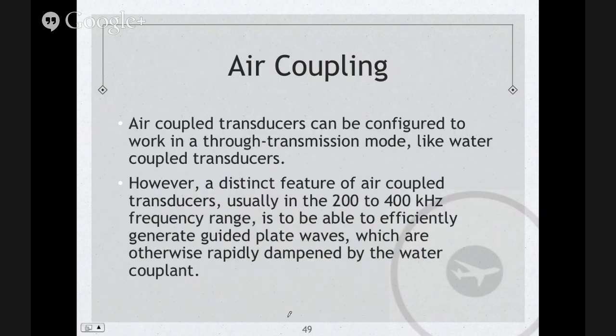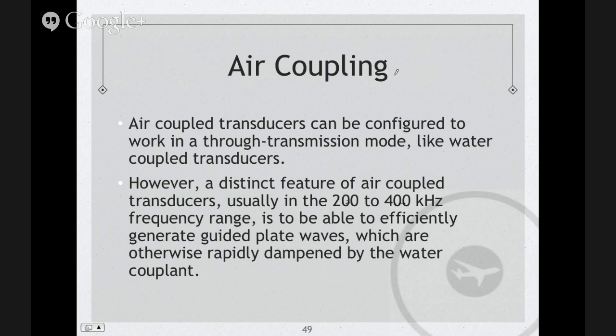Air-coupled transducers can be configured to work in a through transmission mode like water-coupled transducers. However, a distinct feature of air-coupled transducers, usually in the 200 to 400 kilohertz range, is that they are able to efficiently generate guided plate waves which are otherwise rapidly dampened by water coupling. You see how low the frequency is compared to contact transducers.